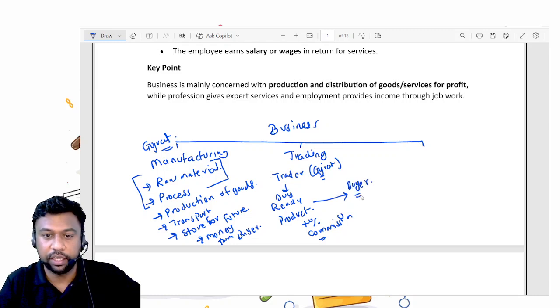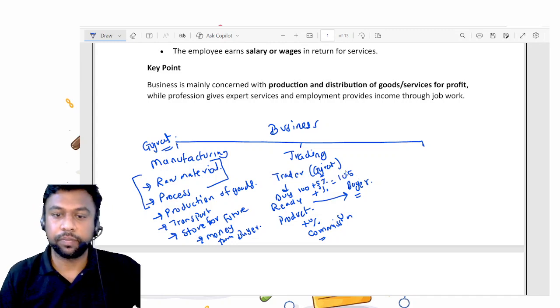So that is trading: you buy ready product, you add your percentage, and then you sell. Maybe he has purchased at 100 rupees per meter, then he will add his 5% commission and sell to the buyer at 105. So this 5% is profit for the trading business.